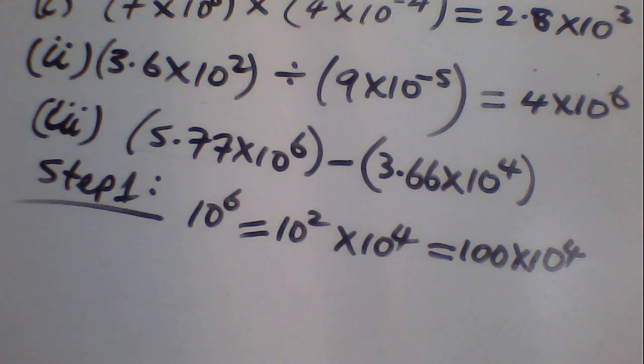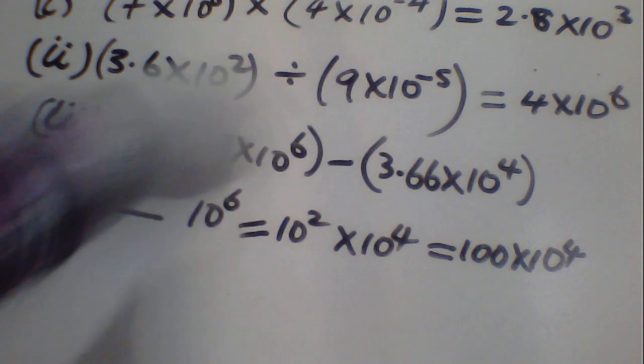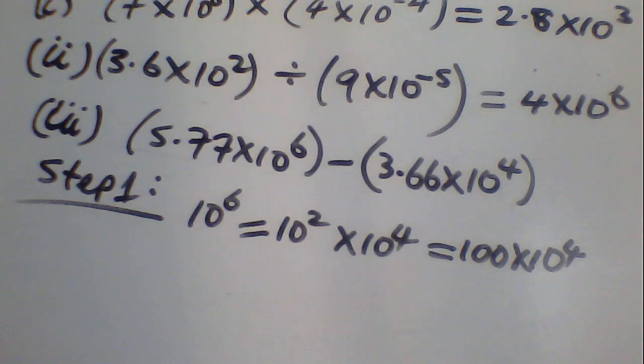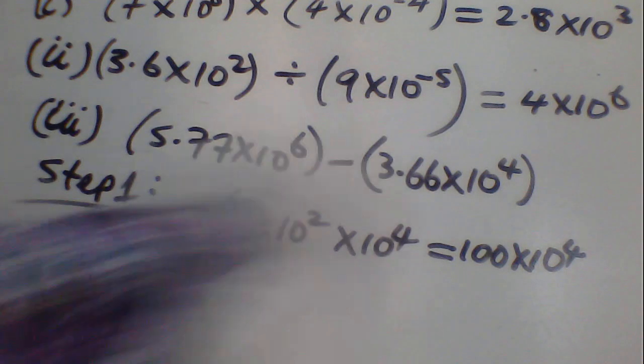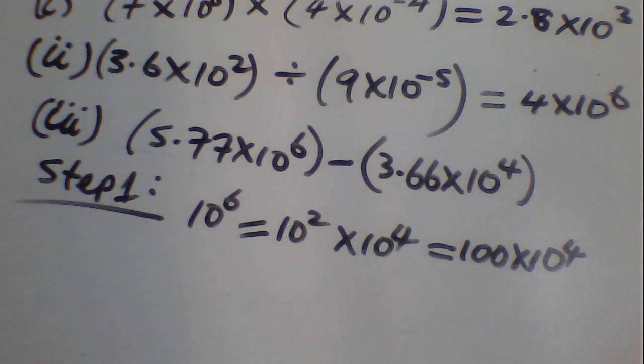Yes, it's good, but when the exponent becomes very high, maybe you are given 10 raised to power 70, and here you are given 10 raised to power 55, if you are expanding it, you won't have space to do that. That's why this is very important. You have to find a common exponent between the two numerical expressions.